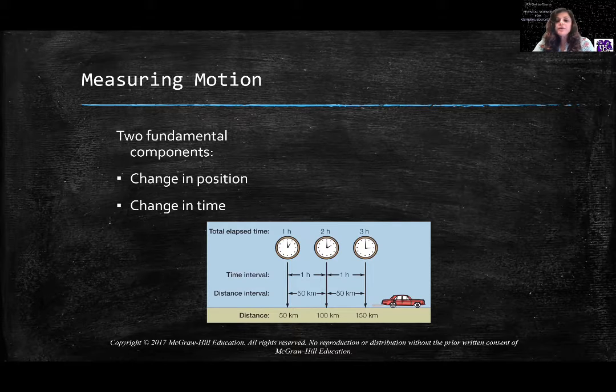So when we have this happening, look at the total time and the total distance, we will see that we can get what's called the average speed or the average motion. And since we're talking about it away from your house, I will call that the average velocity because we're going away from something.